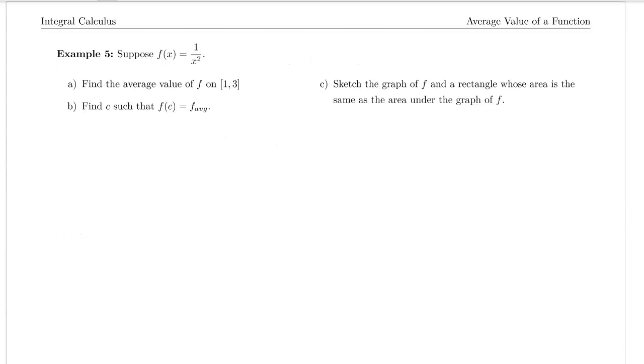Example 5 wants us to find the average value of our function f(x) = 1 over x squared on the closed interval from 1 to 3.